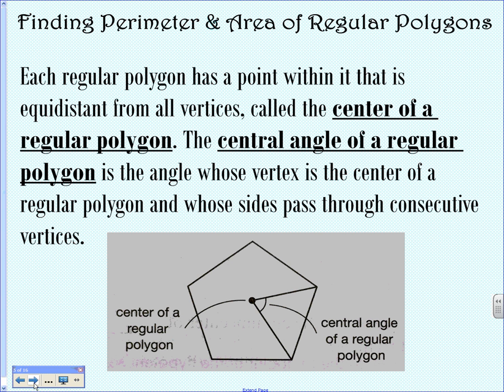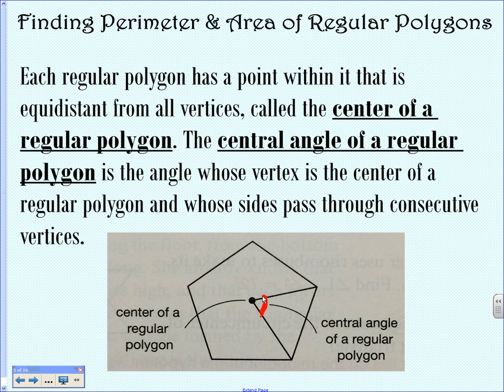So I've got a picture for us to look at. So this is our center. This is called the central angle.